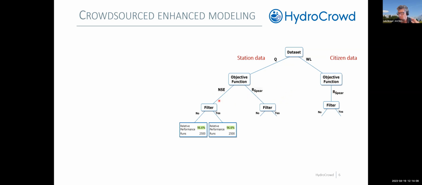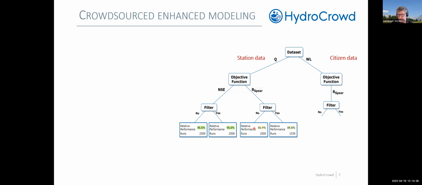As you probably might guess already, the common classical hydrological model application is very good. We have a Nash-Sutcliffe efficiency which is very high, and it's almost optimal for the data that we are using. In the next step, we tested how this optimum data set would behave if we only use the Spearman rank correlation to test it.